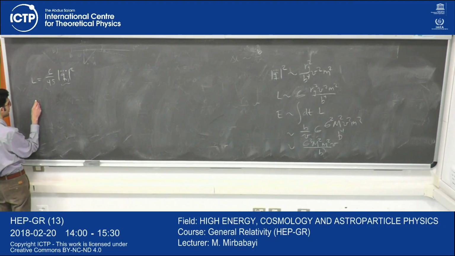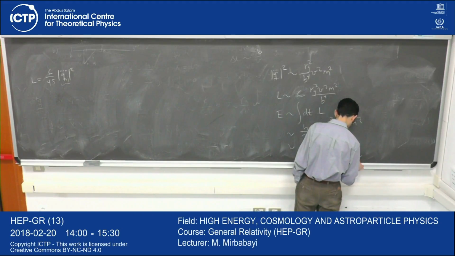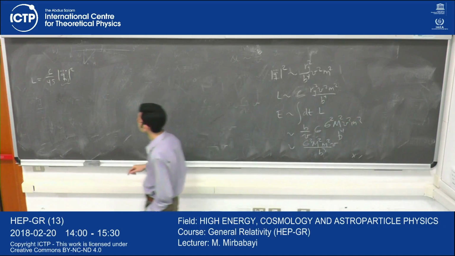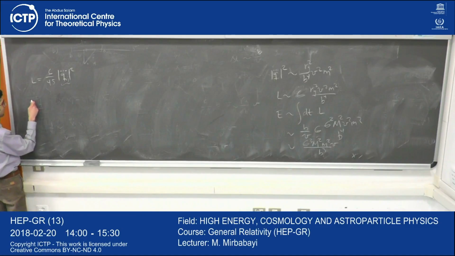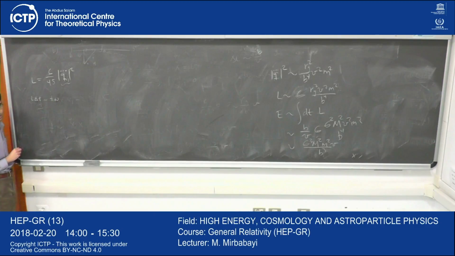So you can ask how long it takes for the emitted energy to be of the order of the energy of a single quantum. Then you can calculate this delta t, which is h bar omega over L, and that is some time scale.